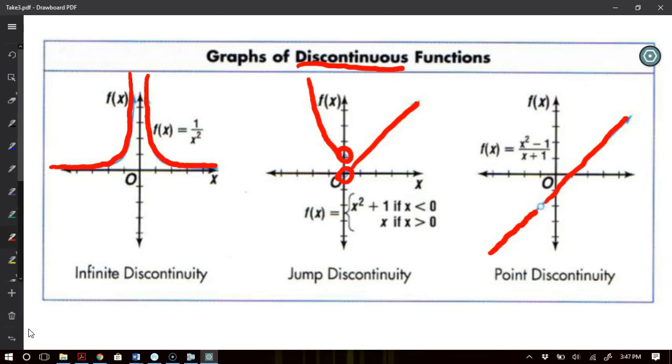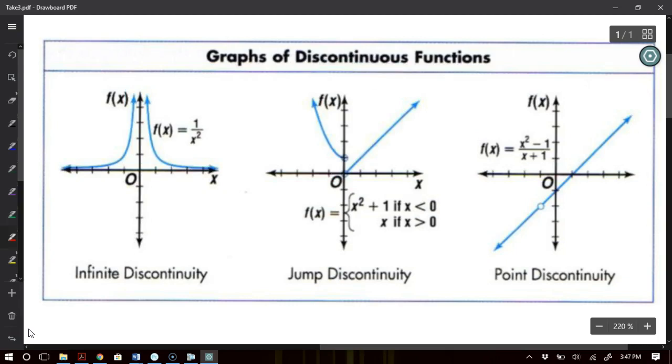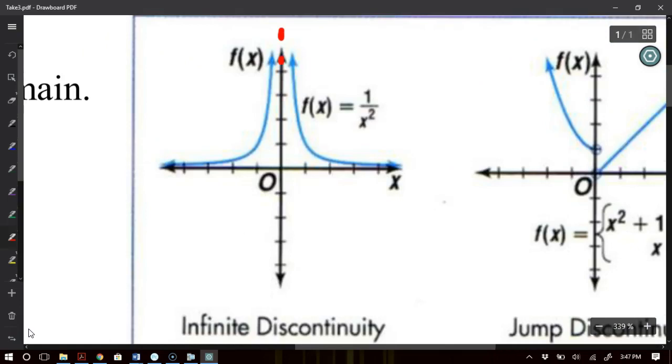And that's going to help us examine what it means for a point to be discontinuous for a function. As I look at these graphs, they are discontinuous. I can tell because in this first graph, it was discontinuous right here, right at that vertical asymptote, and that vertical asymptote was x equals 0.